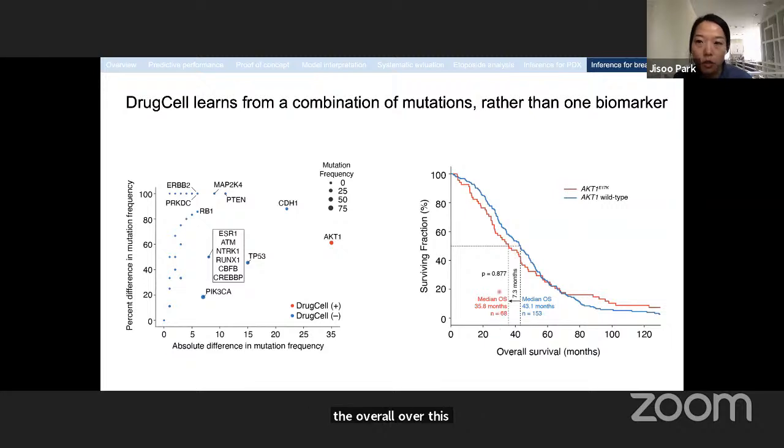This implies that DRUXA's prediction for the sensitive group is also based on a combination of mutations rather than the status of a single gene. So this analysis illustrates how the DRUXA model can be used to effectively guide clinical treatment decisions with significantly greater precision than single gene marker studies.